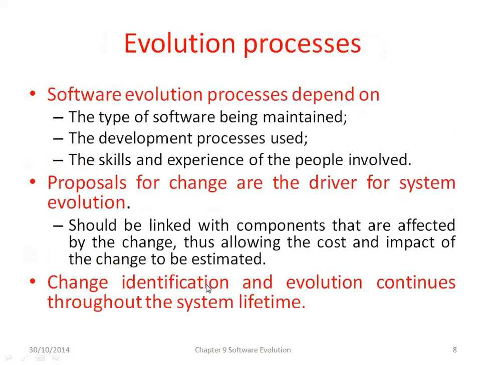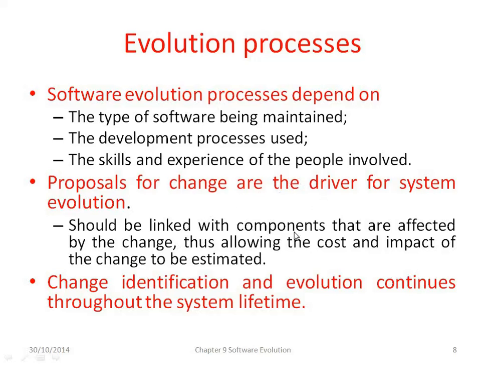So this is a software process. The software evolution process depends on three things: the type of software being maintained, the development process used, and the skill and experience of the people involved. The proposals for change are the drivers for system evolution.